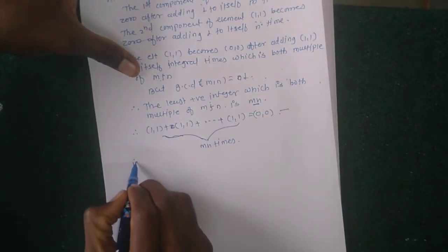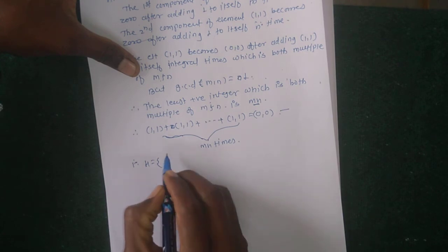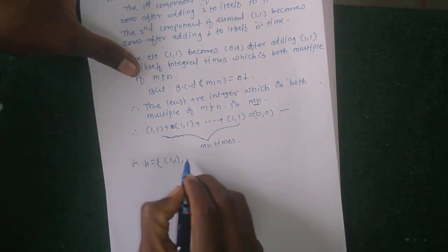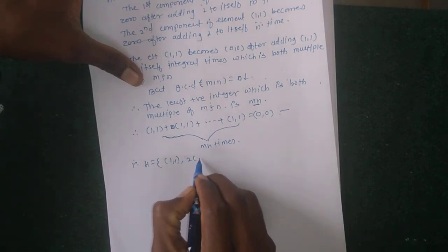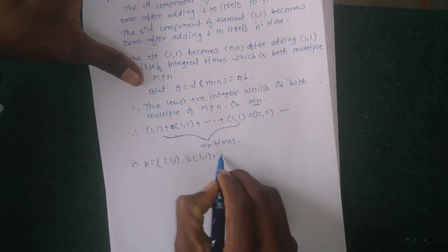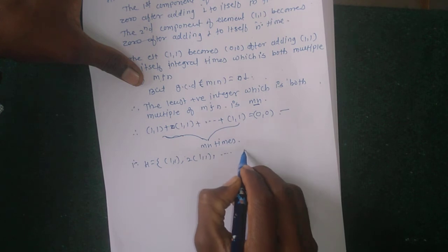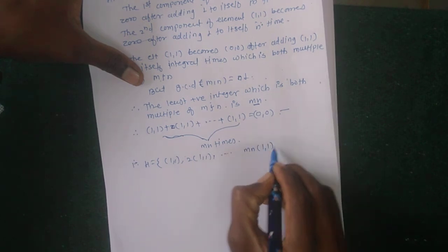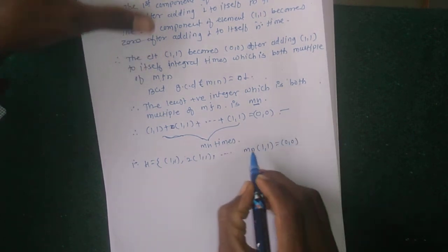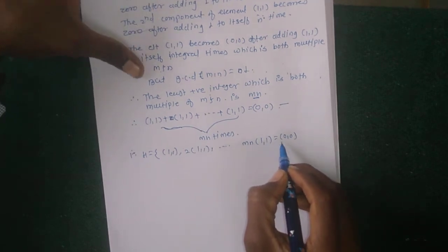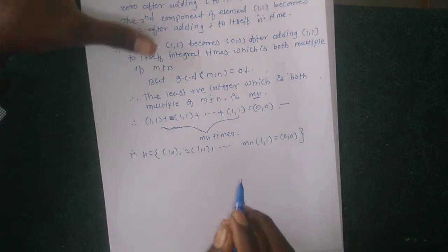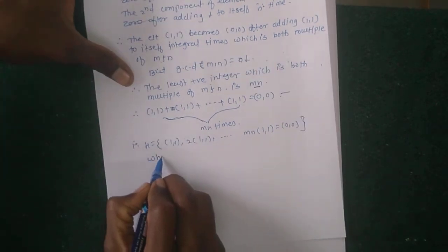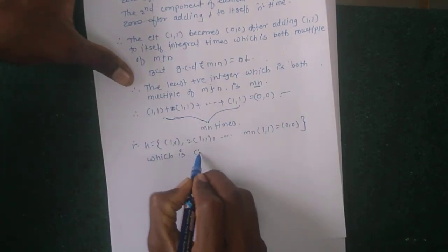That is, H equals the set with first element (1, 1), then second element 2 into (1, 1), and so on up to the last element m into n times (1, 1), whose value is (0, 0).